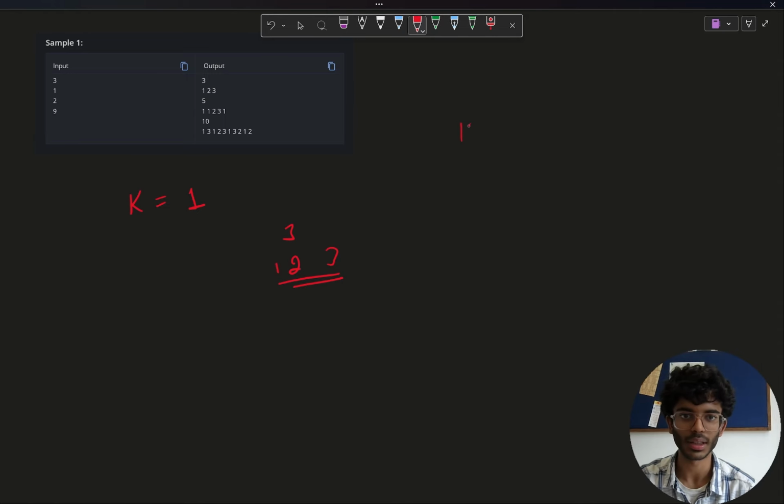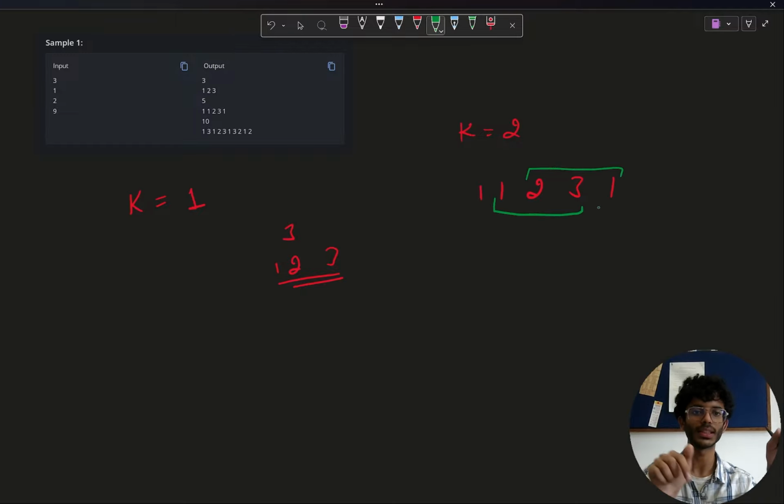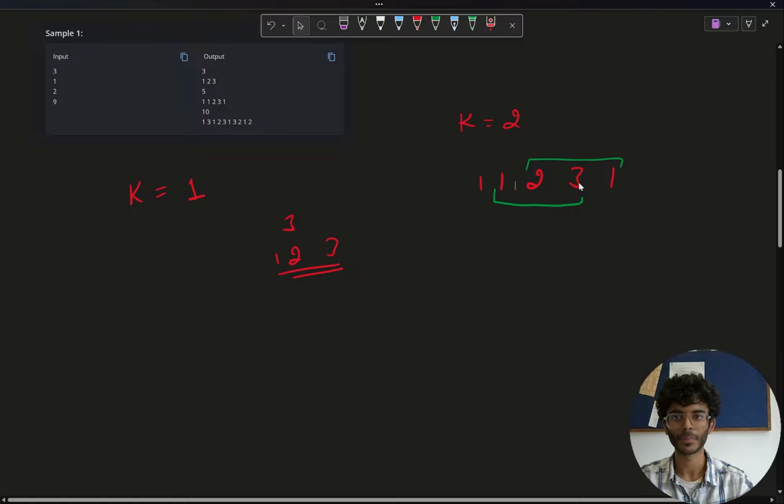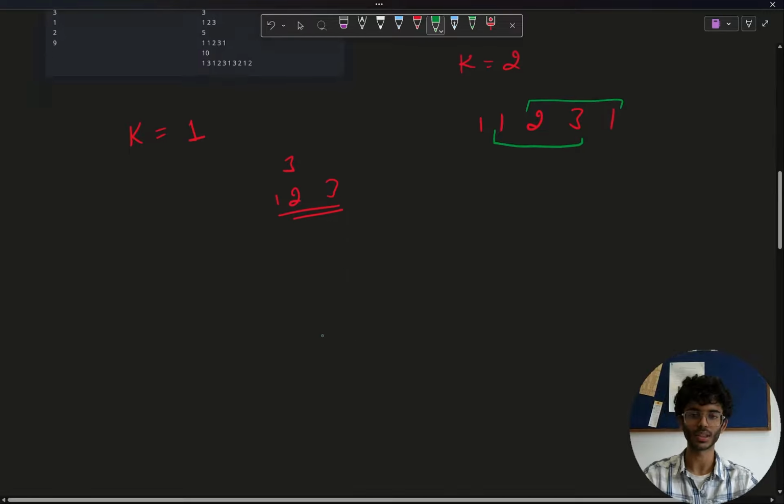Now let us see for k equal to 2. We have 1, 1, 2, 3, 1. It has exactly two subarrays that are balanced, and we can see that there does not exist any other balanced subarray.